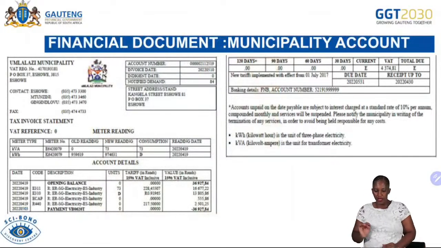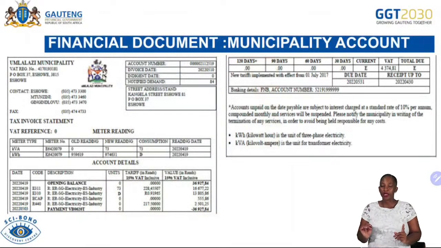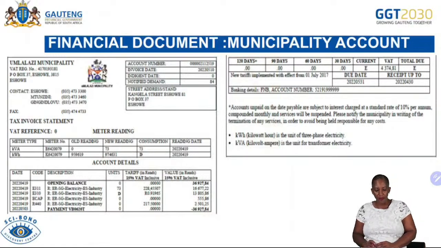And then this one is a municipal account. The municipal account shows the details of the account holder, and the details of the municipality.